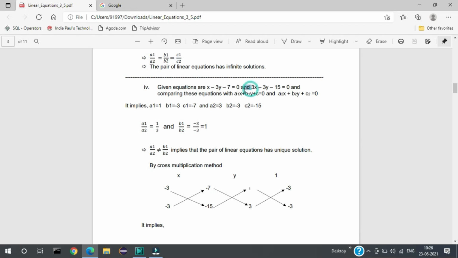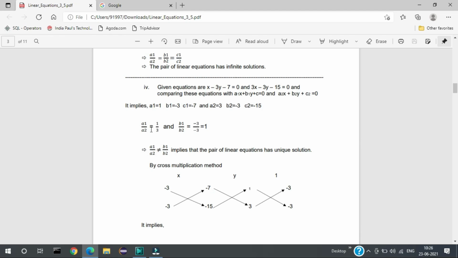First of all we need to compare these two equations with a1x plus b1y plus c1 equals to 0 and a2x plus b2y plus c2 equals to 0. It implies a1 equals to 1, b1 equals to minus 3, c1 equals to minus 7, a2 equals to 3, b2 equals to minus 3, c2 equals to minus 15.